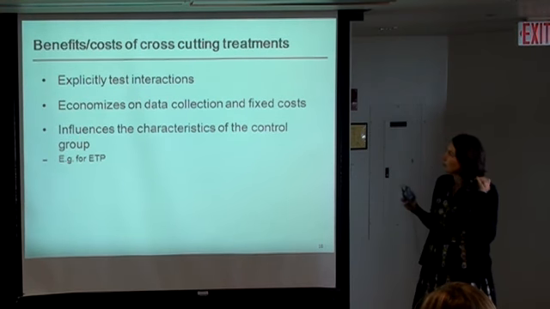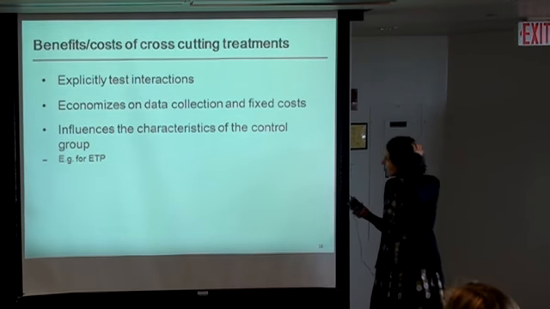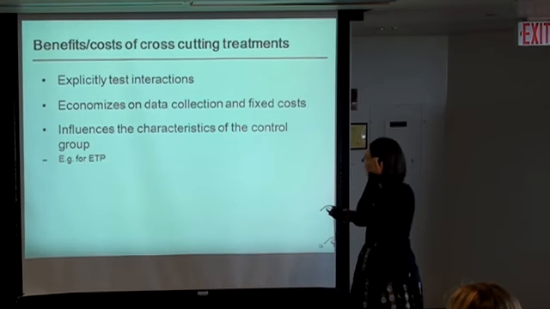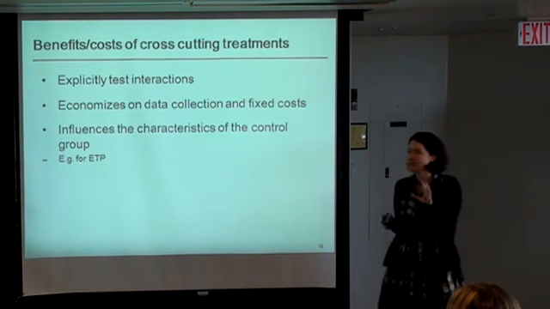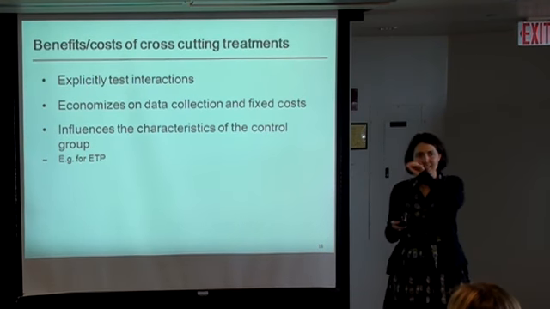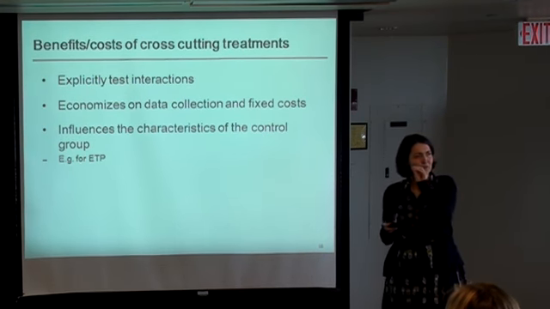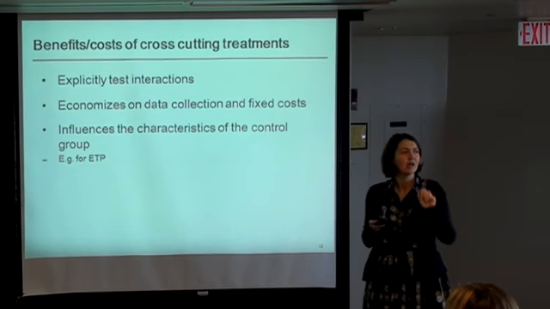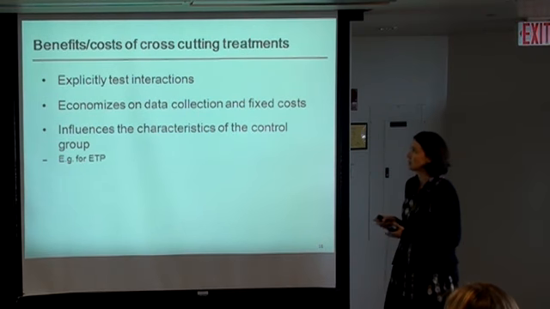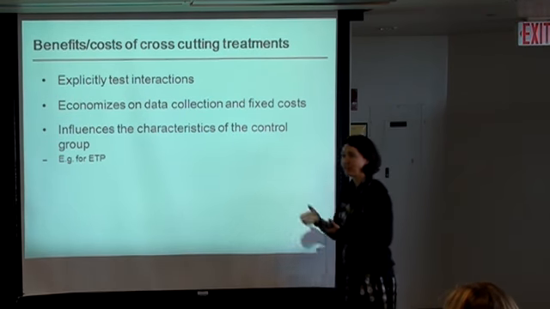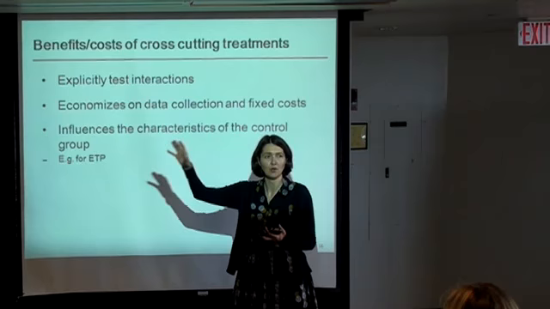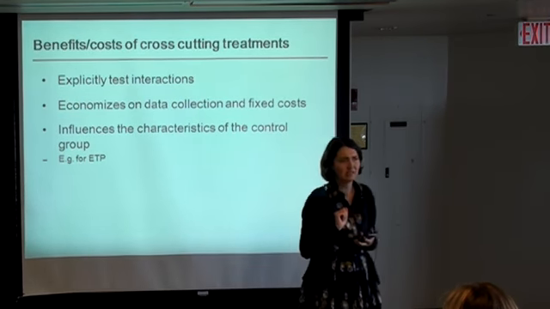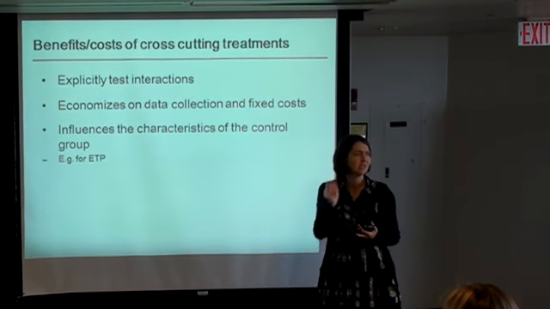So the benefits of these cross-cutting treatments is you can explicitly test these more specific questions. You can also explicitly test interactions if you do it in a cross-cutting design, as opposed to one experiment here that reduces class size, one experiment here that has extra contract teachers.